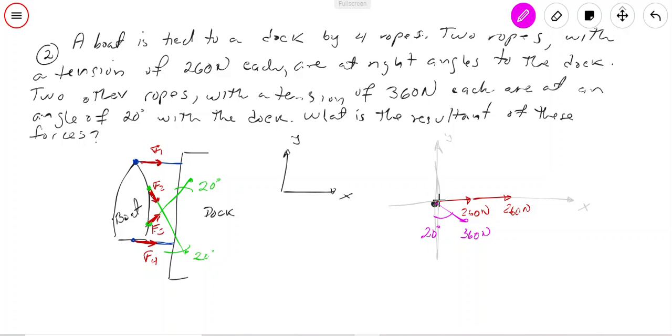And we have force F3 also making an angle of 20 degrees, and 360 newtons.